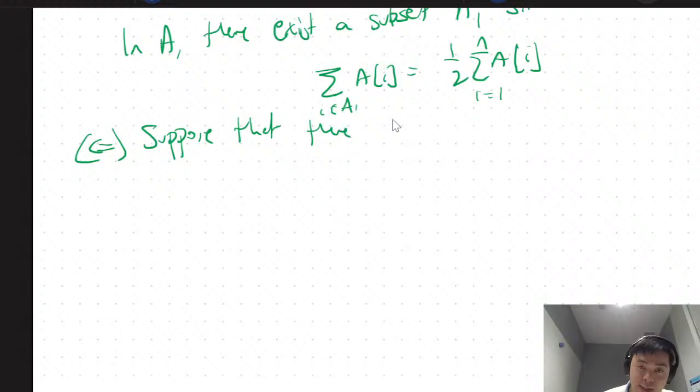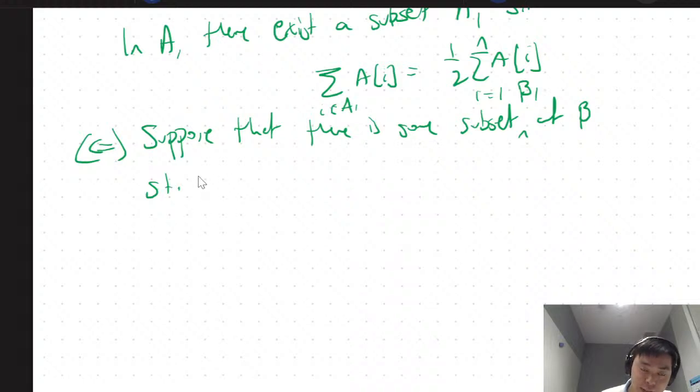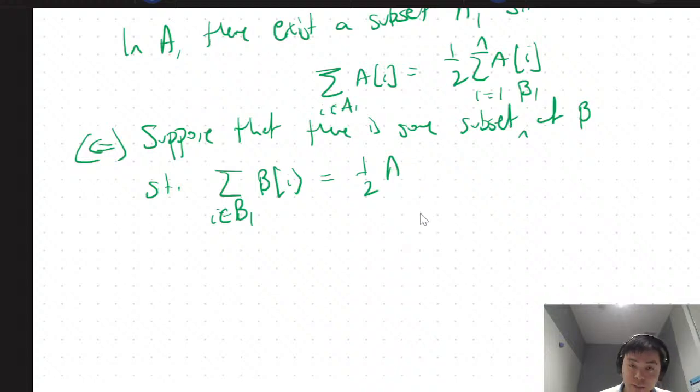Suppose that there is some subset of b, we'll call the subset b1, such that the sum of all of the elements in b1 equals a half times the sum over the entire set.